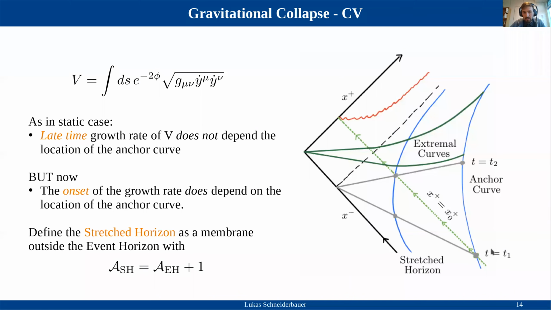It is true in the region after the shockwave came in, but it is not true in this region, because in this region this curve is still defined as phi equals constant, and this one is defined by this formula, which in this region is not phi equals constant anymore.